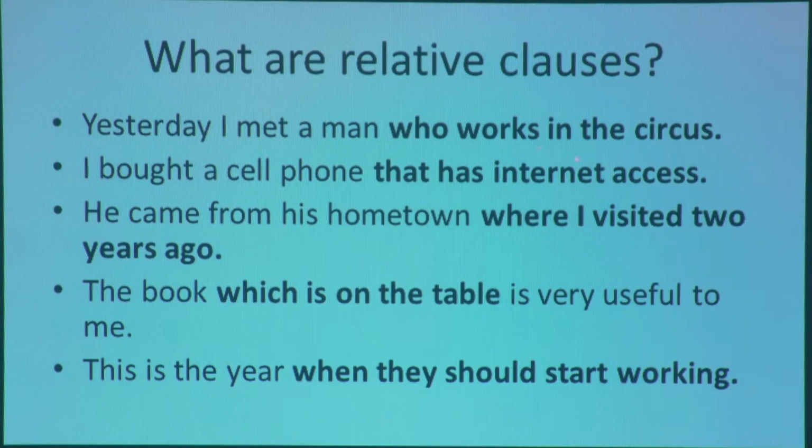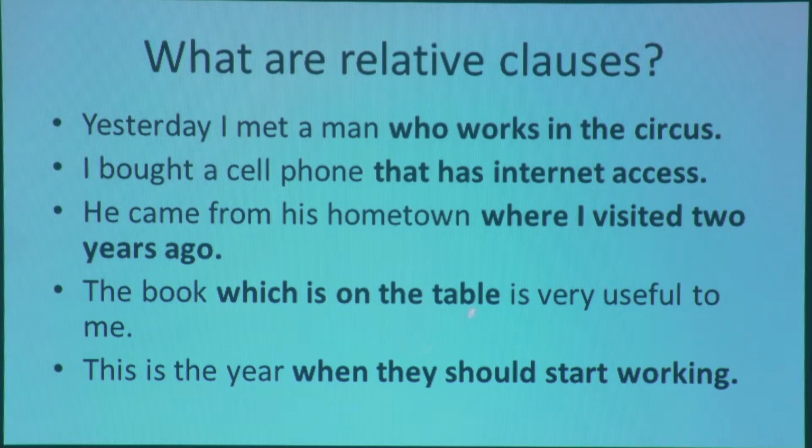Who works in the circus. So in this way, all highlighted parts of the sentences are relative clauses. I bought a cell phone that has internet access. This, that has internet access, is a relative clause. He came from his hometown where I visited two years ago. This one is also a relative clause.